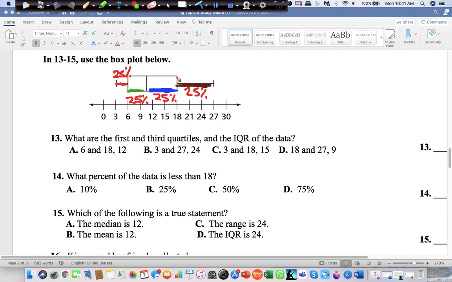Okay, so if we wanted from 18 and less than 18, that would be 25, 50, and then 75, which is less than 18. So 75%. 25% plus 25% plus 25% is 75%. So our answer for 14 is D.